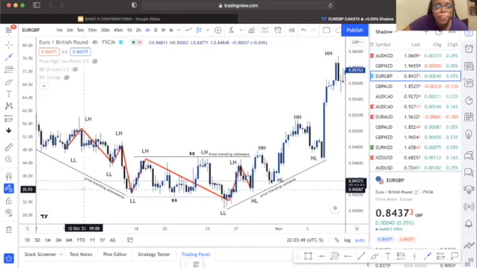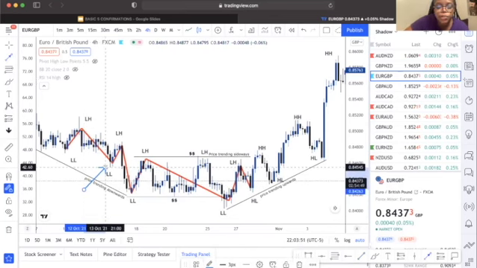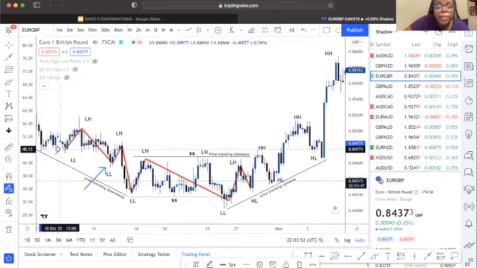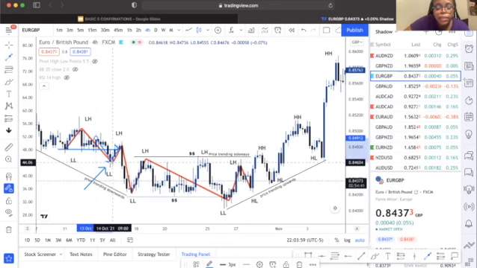First of all, this lower low right here is only valid because it surpassed the previous lower low and closed below it here. Same thing for the next one. This is our lower low here.